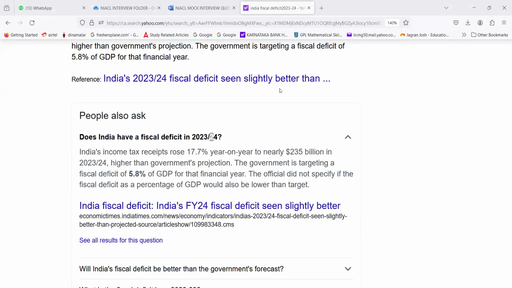Could you note down? Yes, sir. 5.8%. Fiscal deficit means what? When the government is preparing the budget, they will prepare that the government is expected to receive, let us say, 100 crore as receipts, namely income tax and other taxes due to the government.